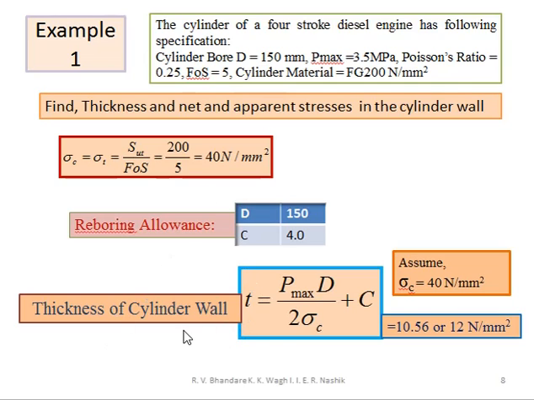From the formula we directly calculate the thickness of the cylinder wall, and we get the value 10.56, or we can take the next value, which is 12. So we get a thickness of 12 mm.